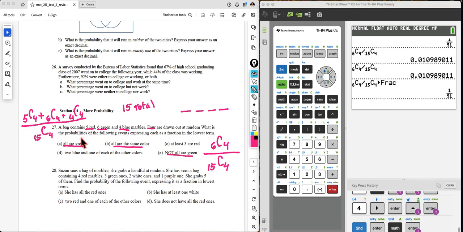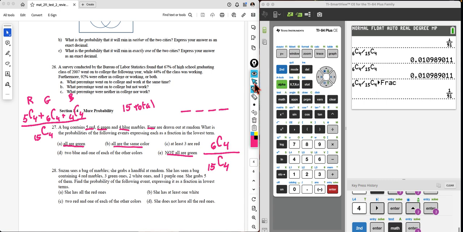Now if we had marbles like 3 yellow marbles, we'd leave that out because there's no way to get all yellow if you're choosing 4. So we toss that one out. There's only a way to get all red, all green, or all blue. Okay, we add these together and then we divide.